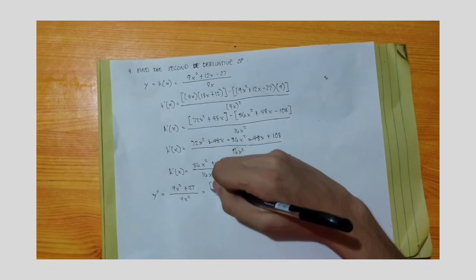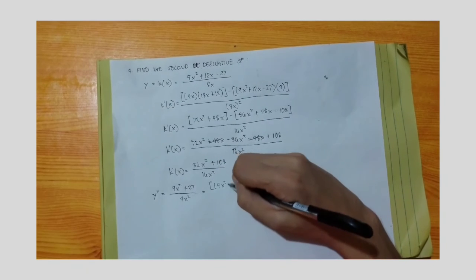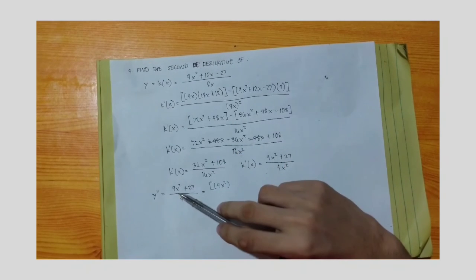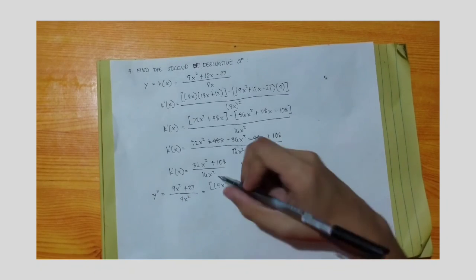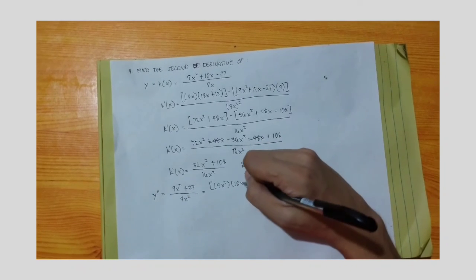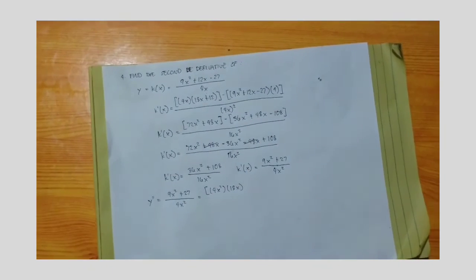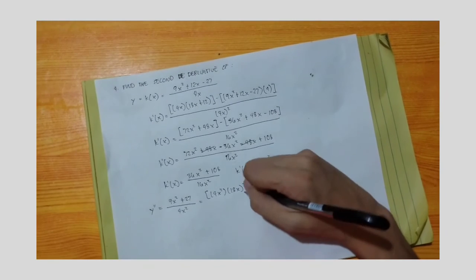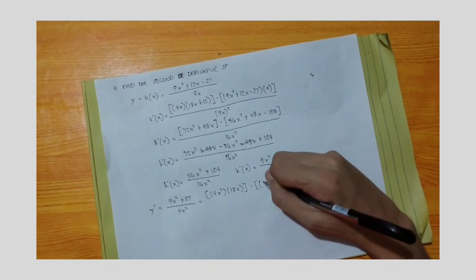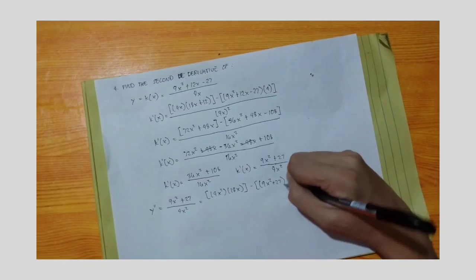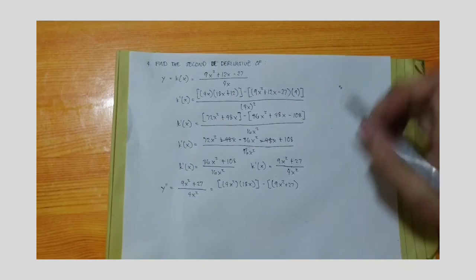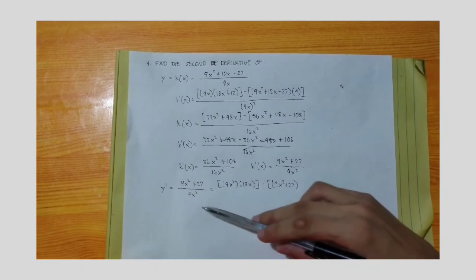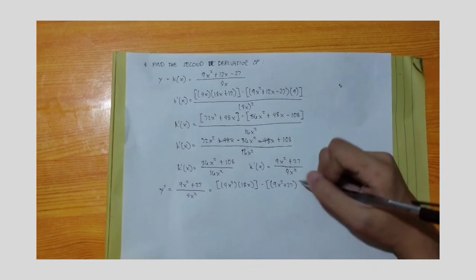So 4x squared times the derivative of 9x squared plus 27 is just equal to 18x, minus the quantity of 9x squared plus 27 times the derivative of 4x squared.